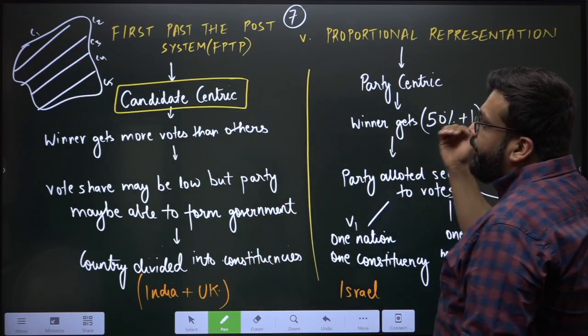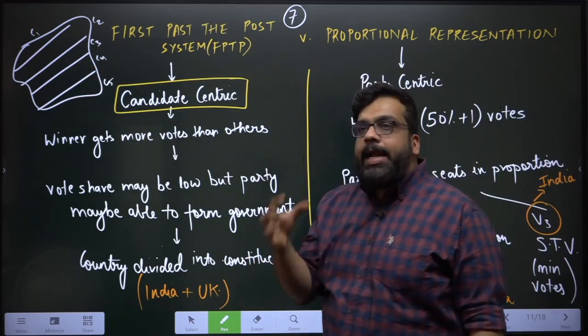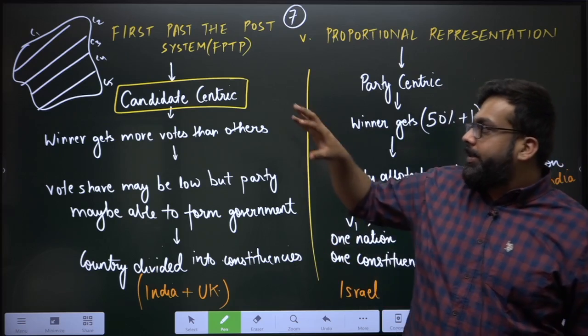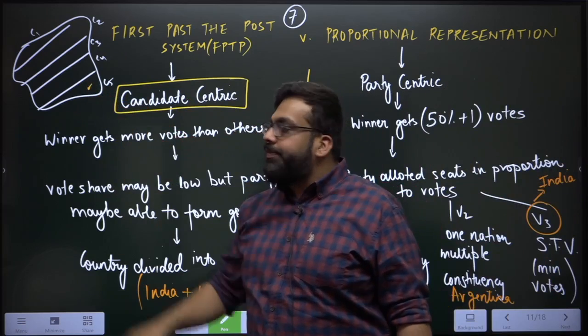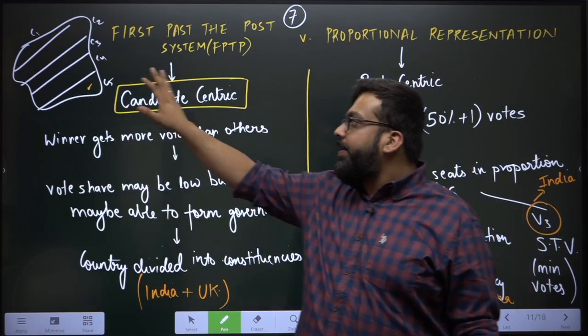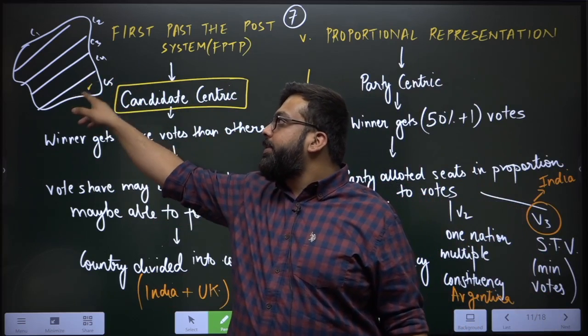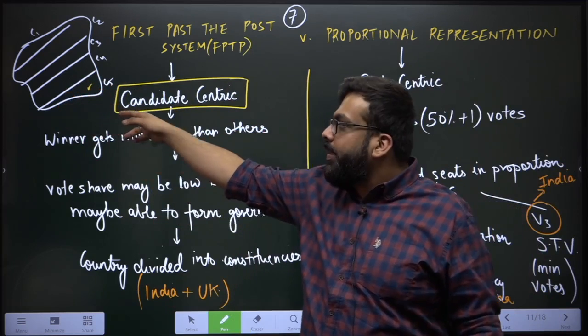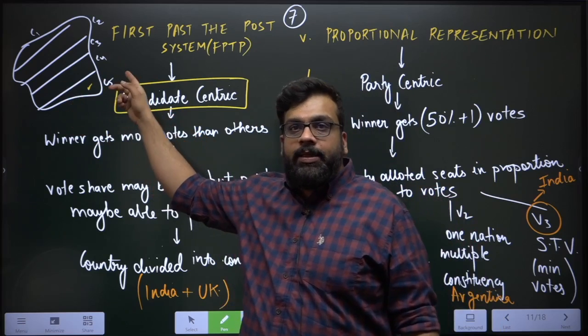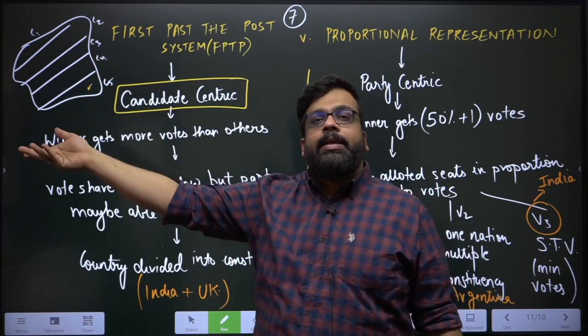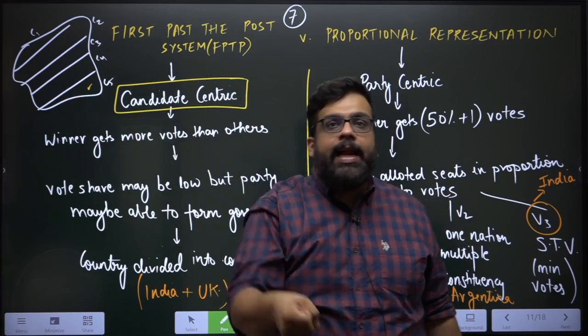So when we talk about first past the post system, it is candidate centric. If there is a constituency C5, right? There are 5 candidates contesting to become MPs from C5. Whoever gets more votes than each other, right, automatically wins. The focus is on the candidate.